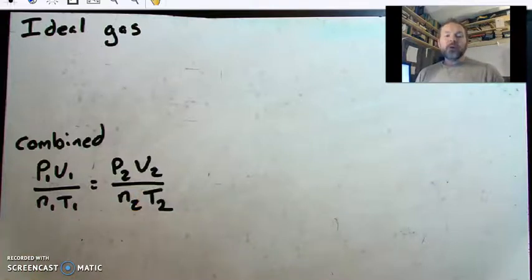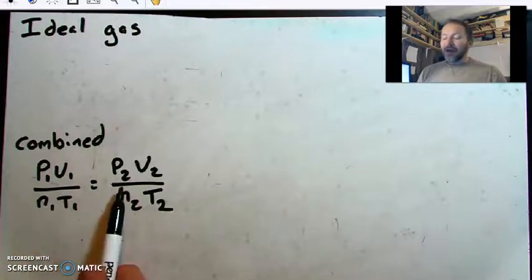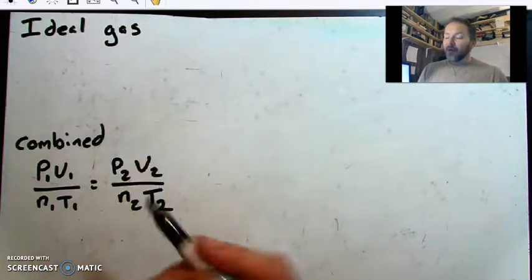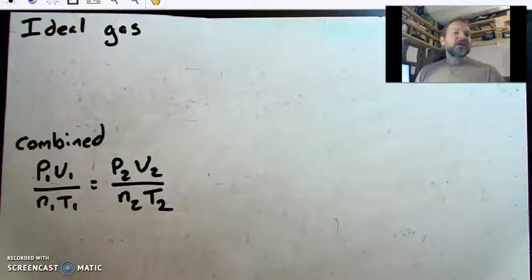But what we learned when we were forming the combined gas law is that when you have two things equal to each other and they have the same format, then we know that both of these are actually equal to a constant.